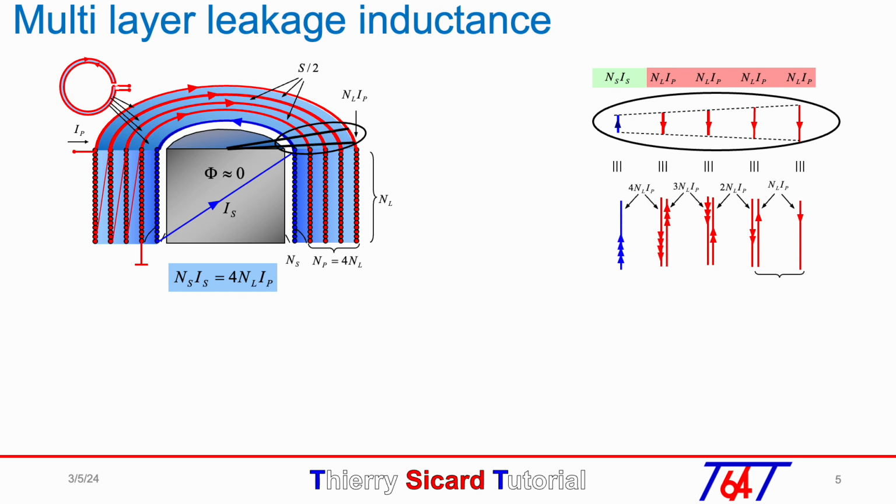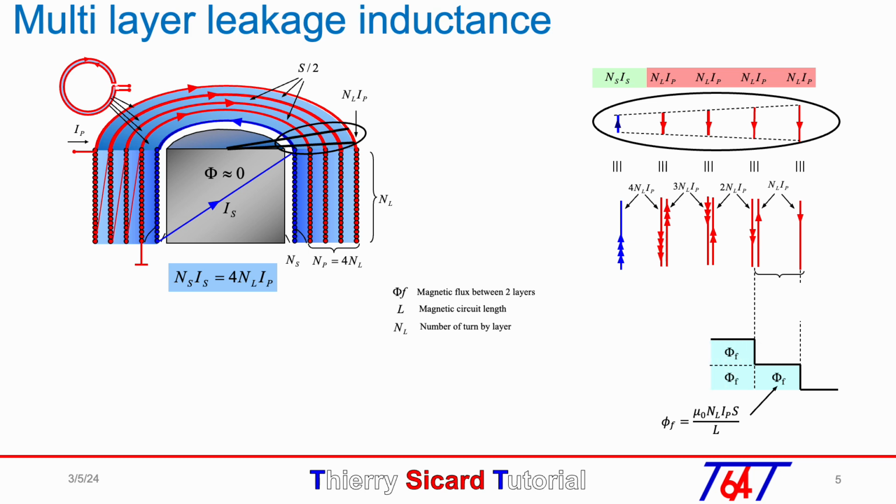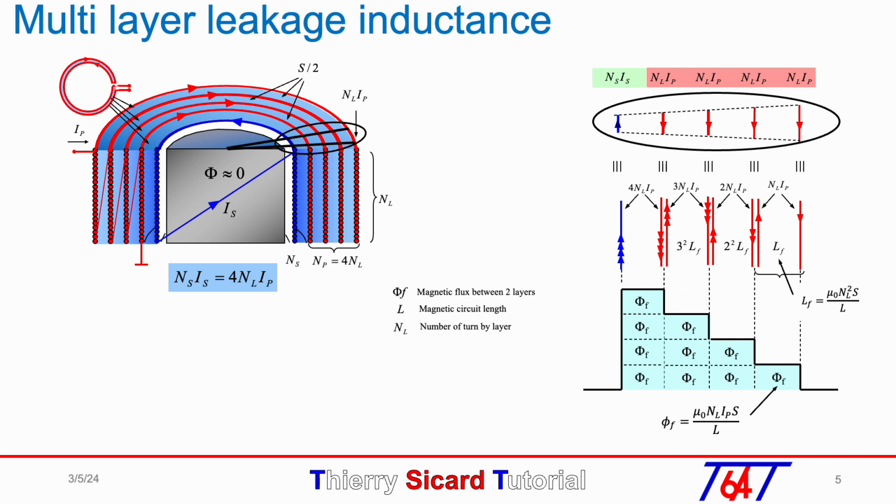The magnetic flux between two layers with NL IP current is a leakage flux φF. When the current is 2 times NL IP, the flux is doubled, then 3 and 4 times more. With the current NL IP, the leakage inductance LF is μ0 NL squared S over L. But with 2 times NL IP, the leakage inductance is 2 squared LF, then 3 squared LF, then 4 squared LF.